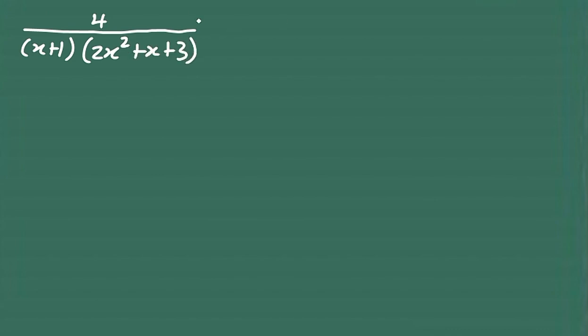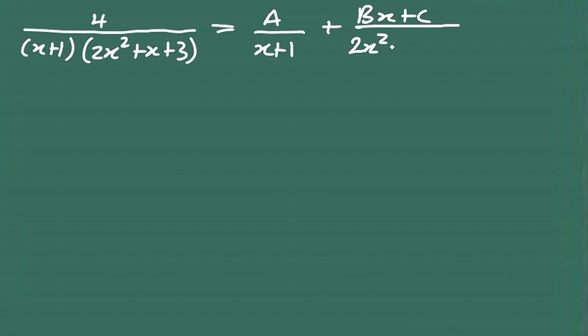We can decompose this fraction into a all over x plus 1, which is for the linear factor, plus bx plus c, which is for the quadratic factor, all over 2x squared plus x plus 3.